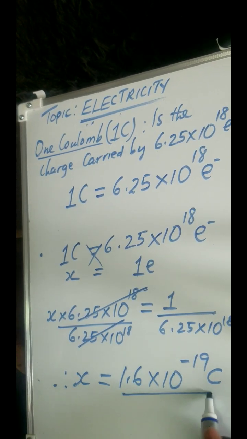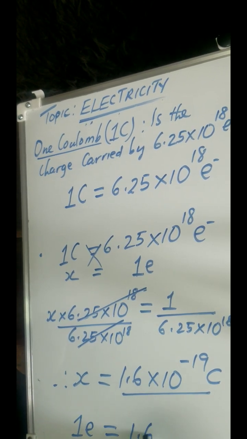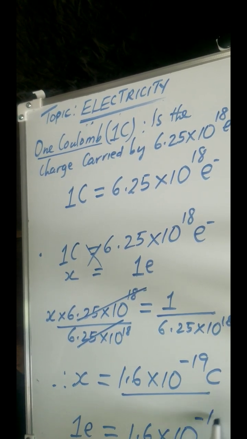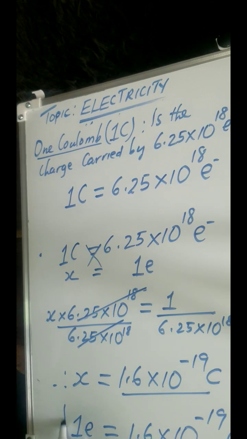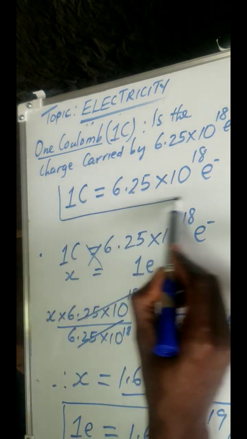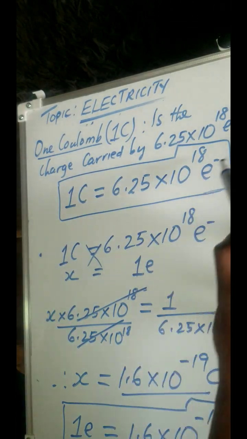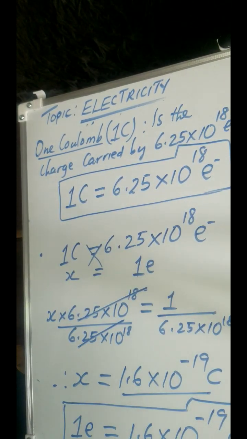In simple terms, 1 electron carries a charge of 1.6 times 10 raised to the power negative 19 coulombs. This concept and that concept become very important if you are doing pure sciences, because we are going to be using these two expressions.